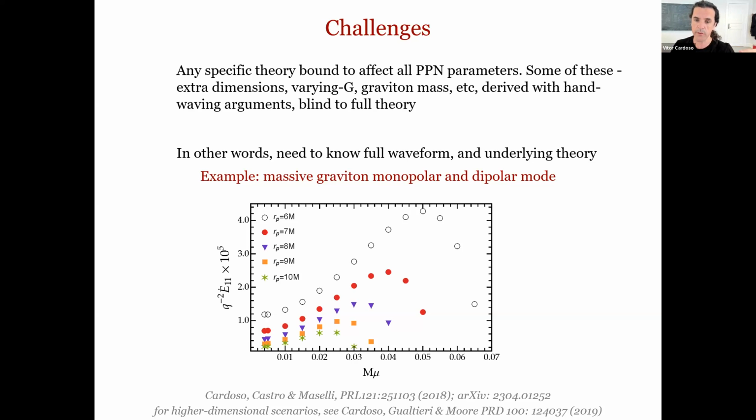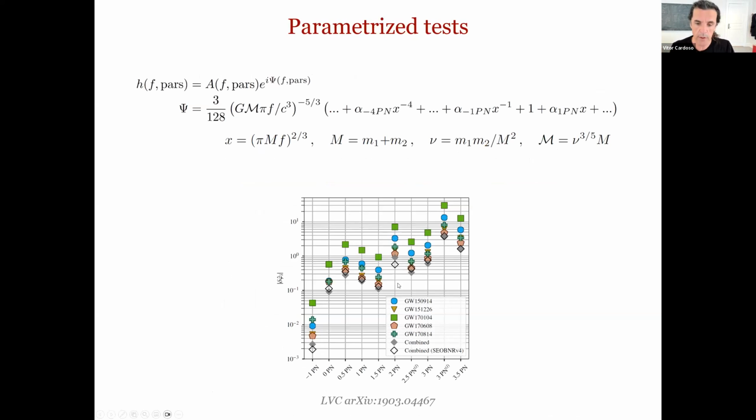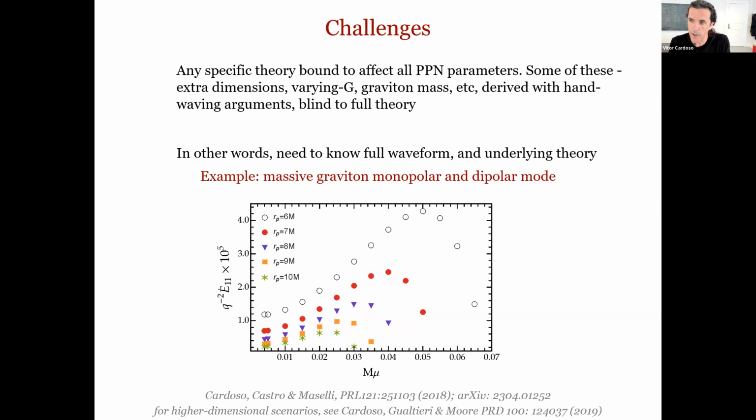Now, it so happens that massive gravity introduces an extra dipolar mode that by far dominates emission at low frequencies. And so the best way of actually constraining massive gravity is not by looking at these type of constructions, but actually working out the radiative degrees of freedom of the theory. And you can show that you can almost rule out massive gravity just from the dipolar term of the theory, okay? So this is just my word of caution.